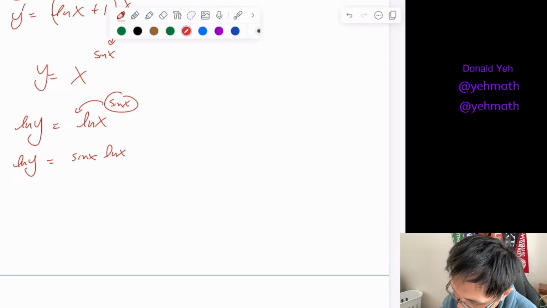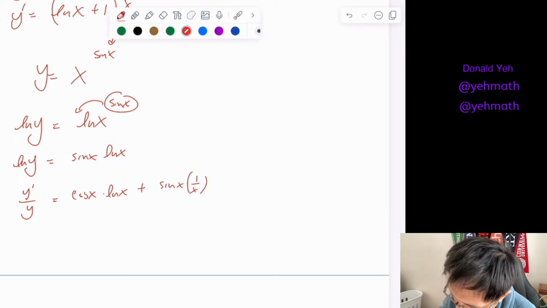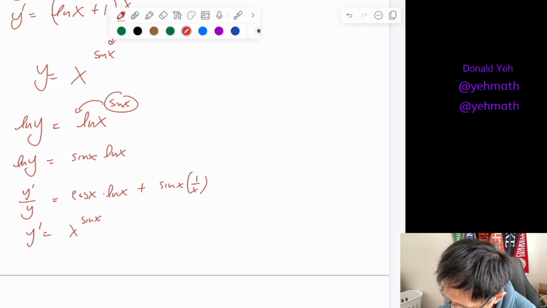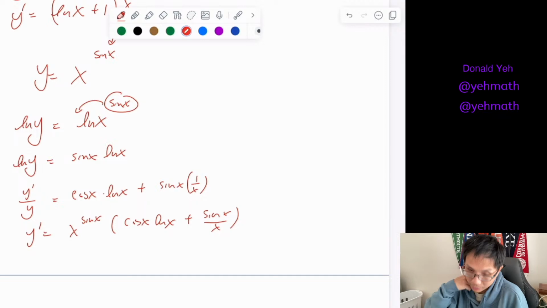Now this is going to give you y prime over y equal to cosine of x times ln of x plus sine of x times 1 over x. So y prime is equal to x to the sine of x times cosine of x ln of x plus sine of x over x, and that'll be the derivative.